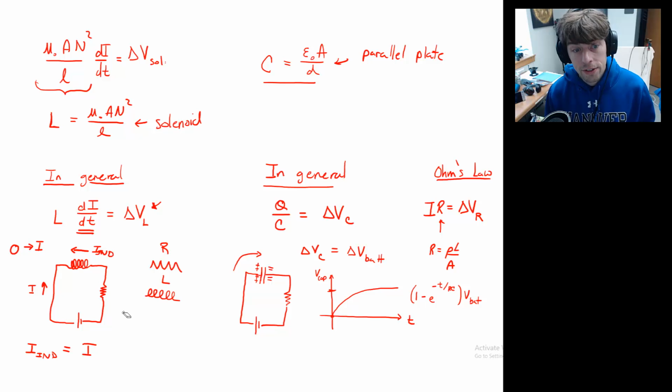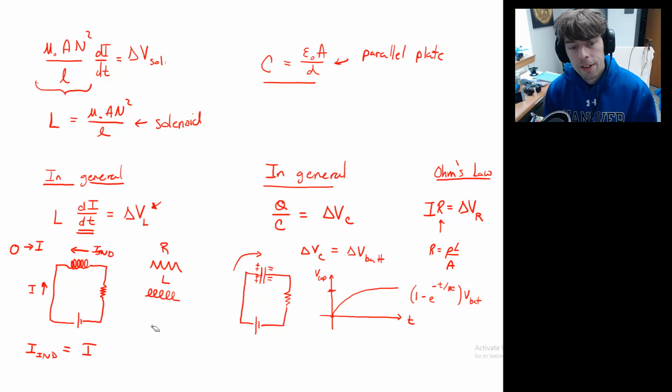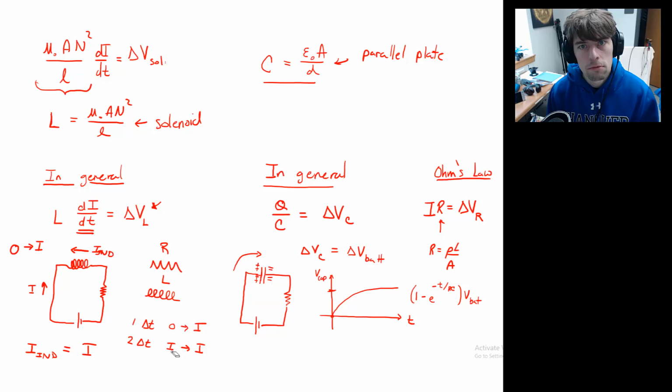Now, say in the first time step, I go from 0 to a current I. But in the next time step, now I'm going from I to I. So in the next time step, I'm not changing as dramatically. I'm being very generalized; we could see this in the equations once we get there.